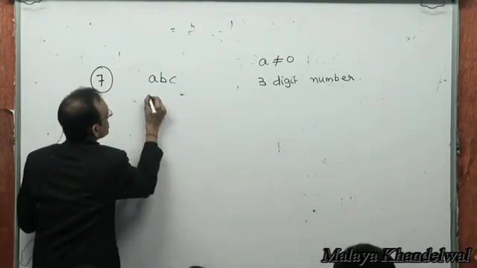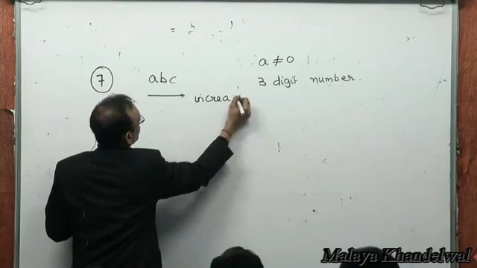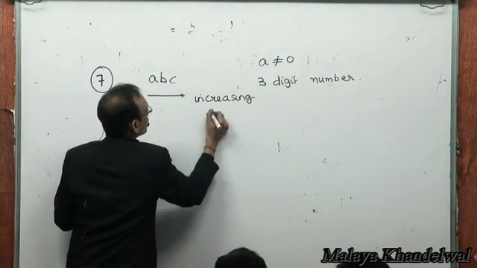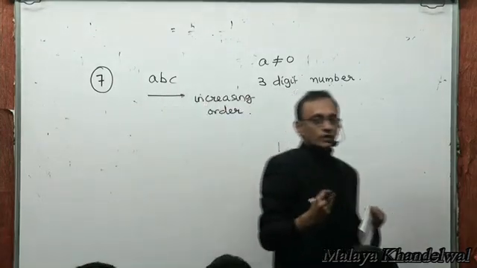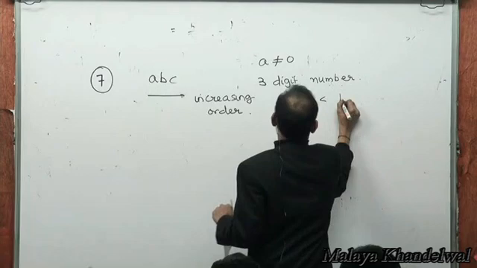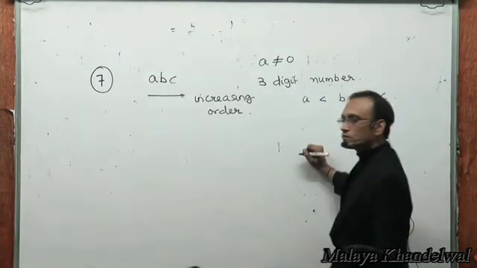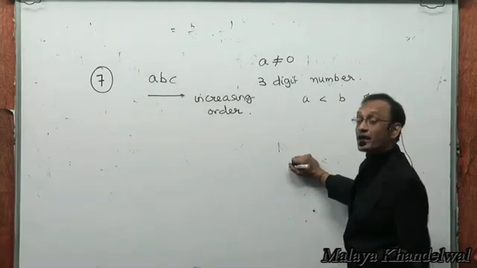We want the digits in increasing order from left to right. When I go from left to right, A less than B less than C is what I should have. What's the probability of this happening?